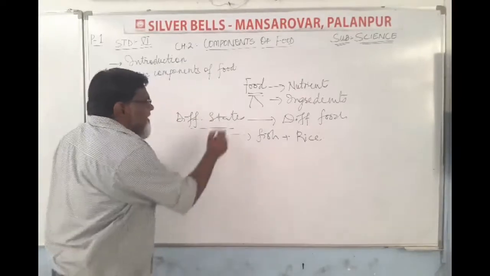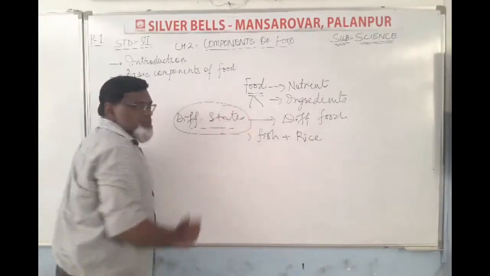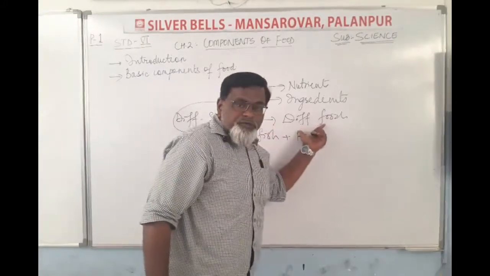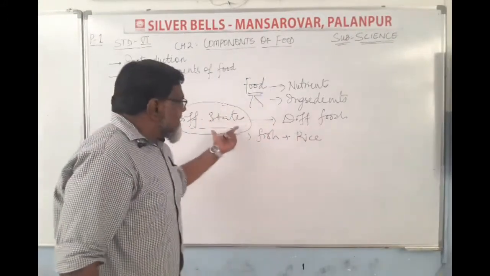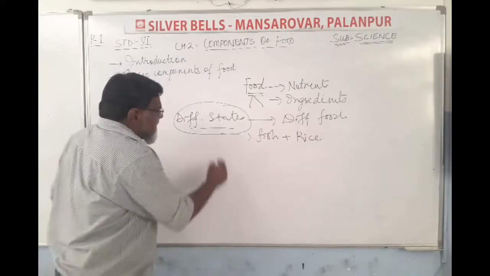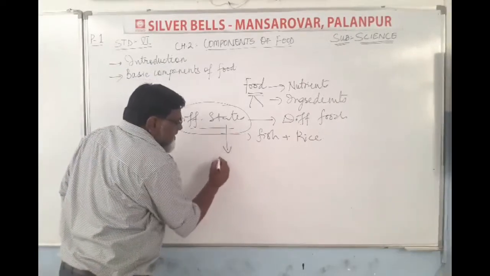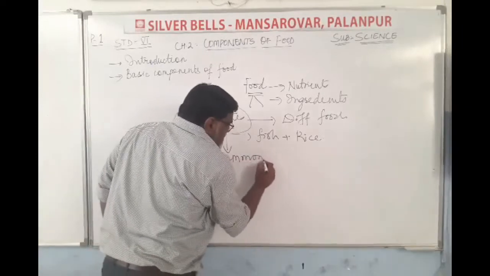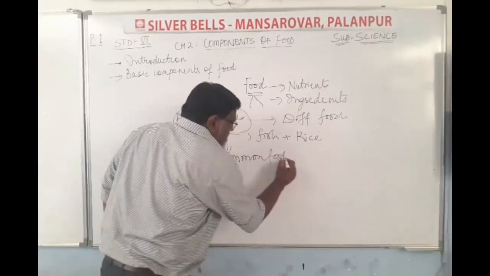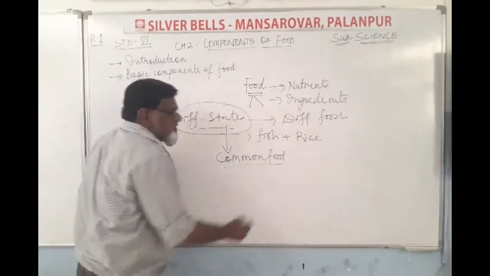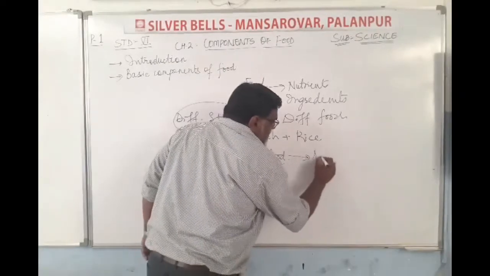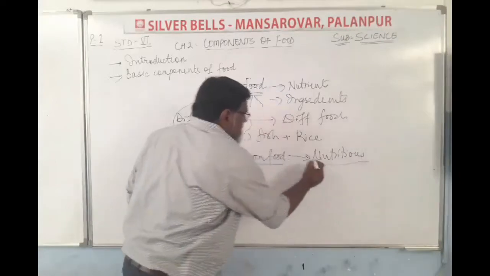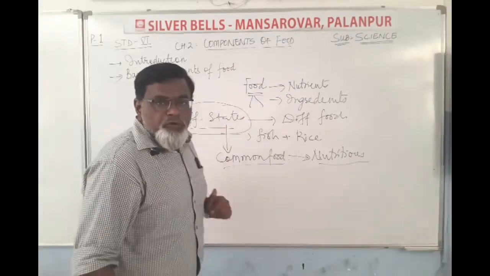But one thing is common in this. Different kinds of foods are there, but one thing is common: in all the different states, they use some common food. And this common food which they use is nutritious. And what is the common food?